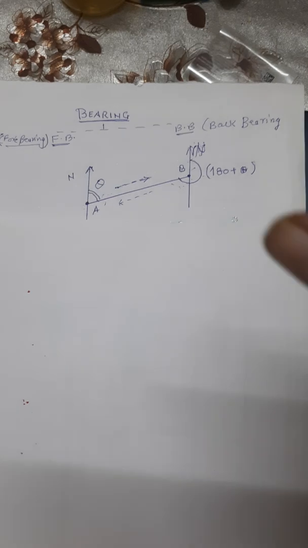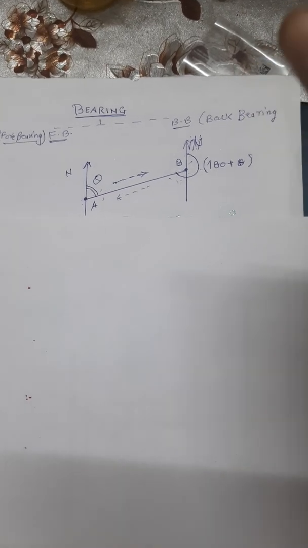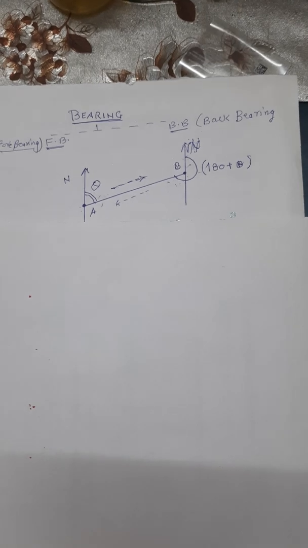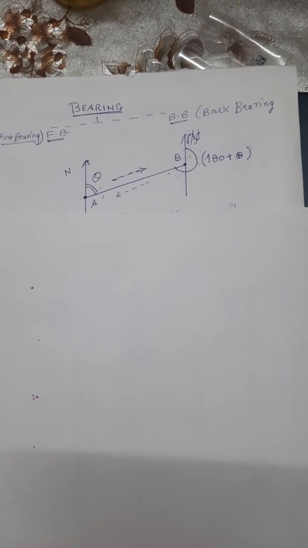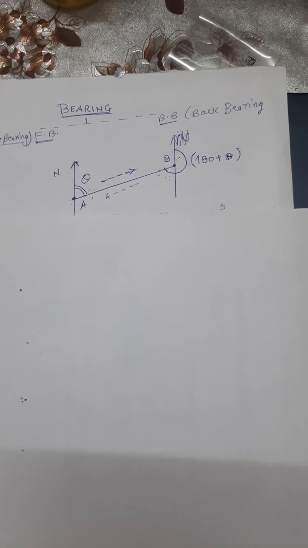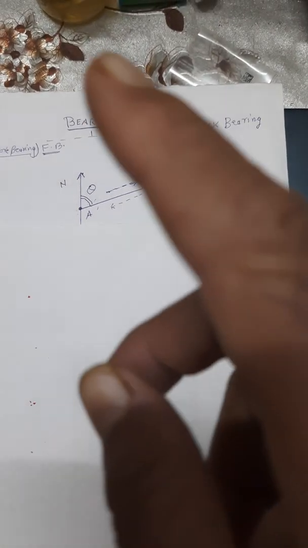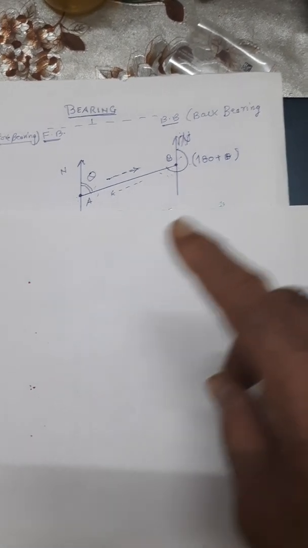But before we proceed to the next part, suppose the difference changes from 180 degrees to 178, or even 202 or something like that. Why does this change take place? Because as per the principle, the difference between the forebearing and the back bearing of line AB must be 180.